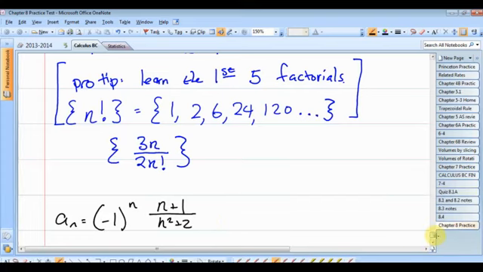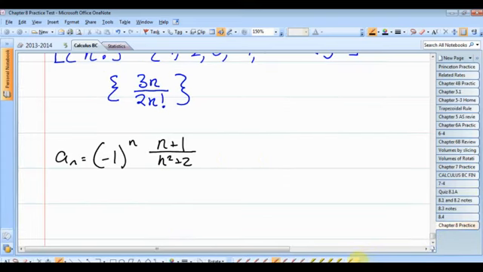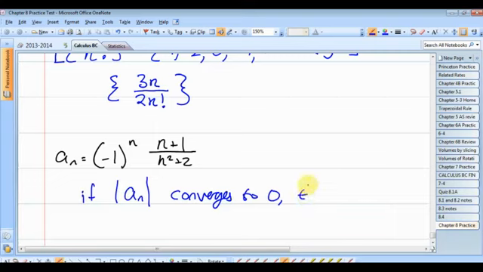Remember that we said that if the absolute value of a_n converges to 0, then a_n also converges to 0.